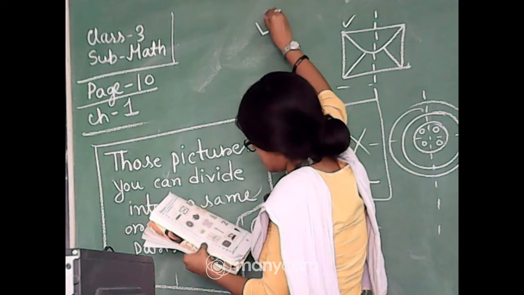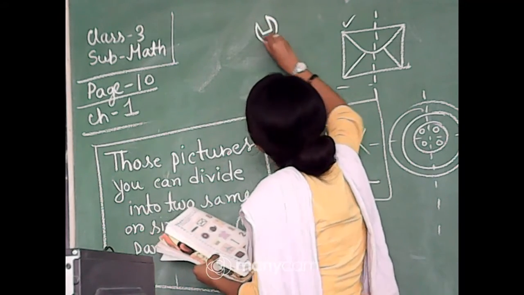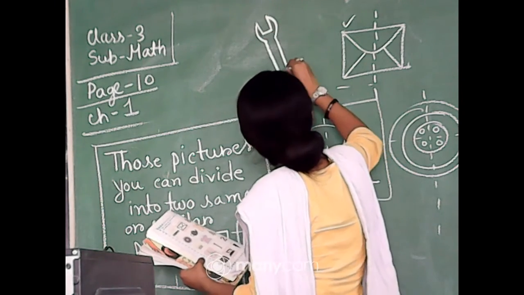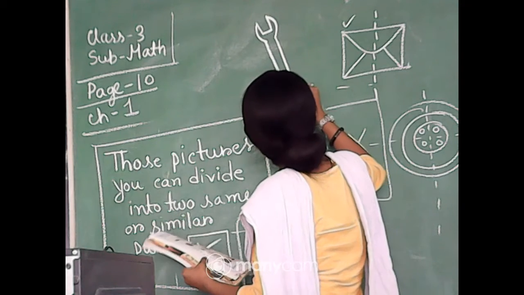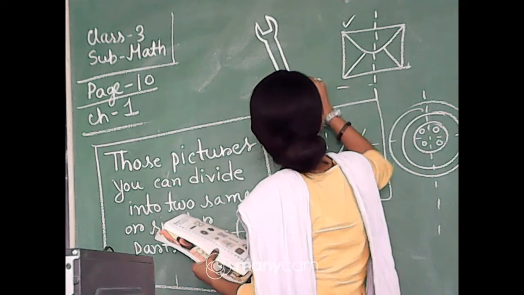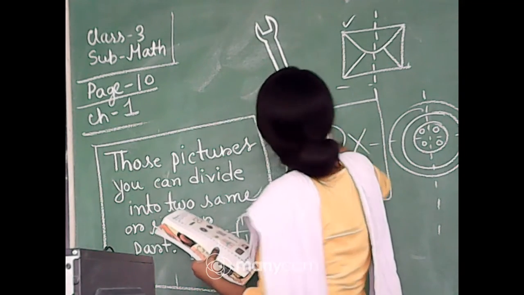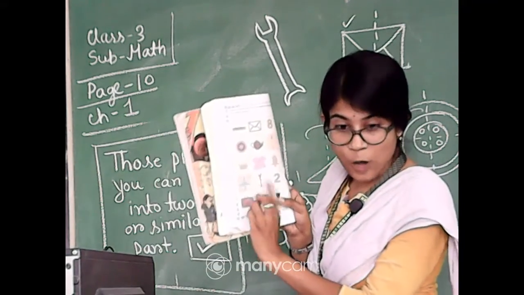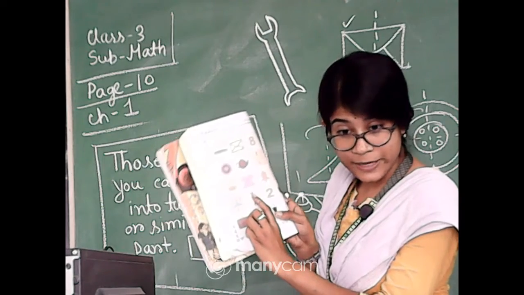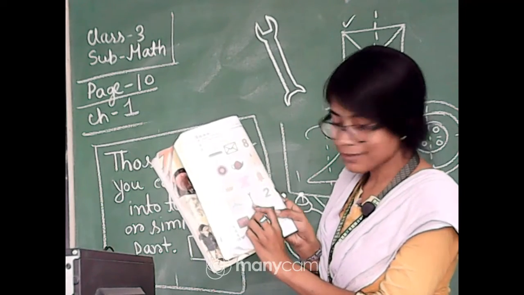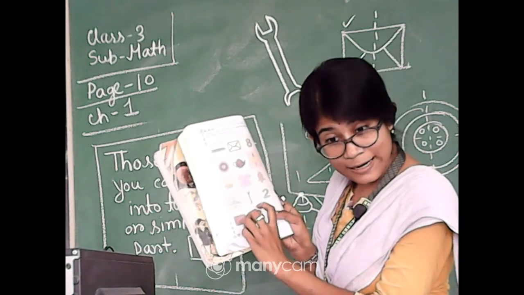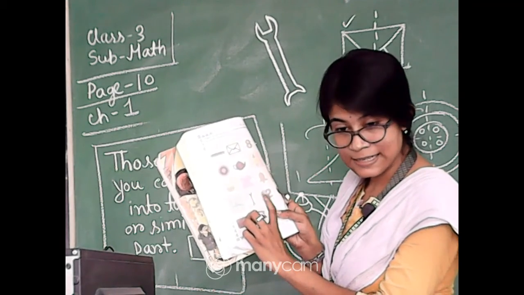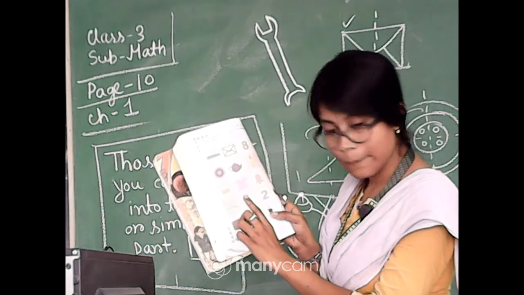This is how it is drawn. You should see the picture very clearly. Now it's not that proper, but look at your book, beta. The top part is bigger in size, and the lower part is smaller than the upper part.